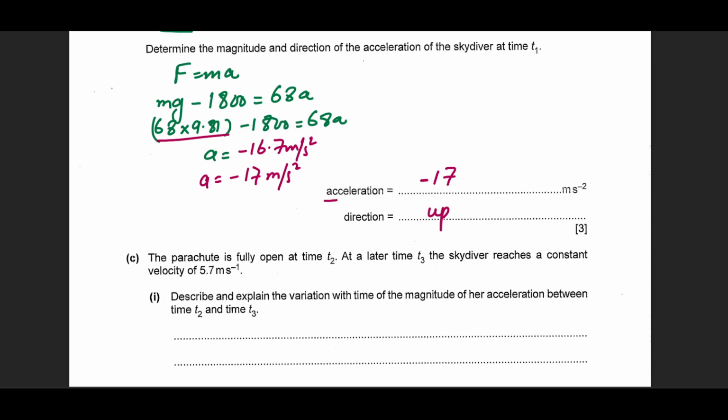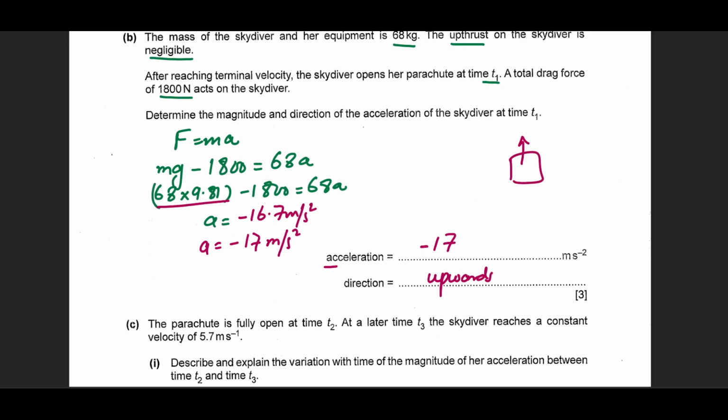So the direction of the deceleration will be upwards. Why? Because we can see very clearly that the drag, which is 1800, is greater than the weight, mg, that is 68 multiplied by 10. Even if you take 10, this will be 680 newtons, which is less than 1800. So the upward forces are greater. That's why the direction is upwards.